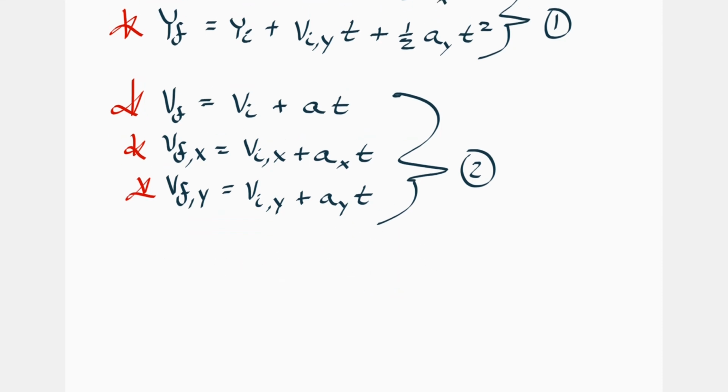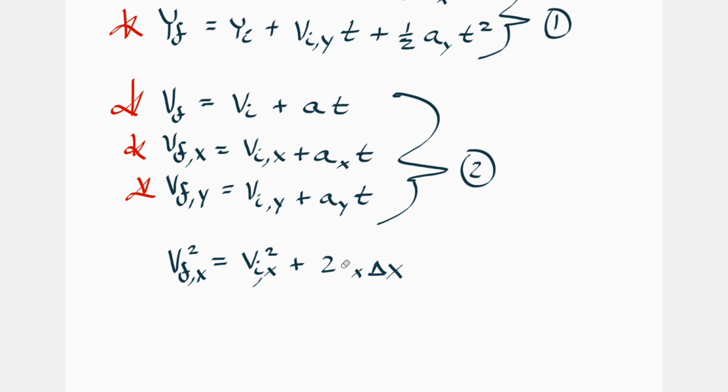All right. One more equation, and this is that v final squared is equal to v initial squared plus 2a delta x. And because I'm using x, I'm going to go ahead and put those subscripts back in. So what we're saying is that the final velocity in the x direction squared is equal to the initial velocity in the x direction squared plus 2 times the acceleration in the x direction times the change in the x position.